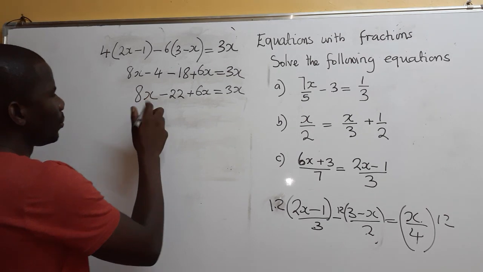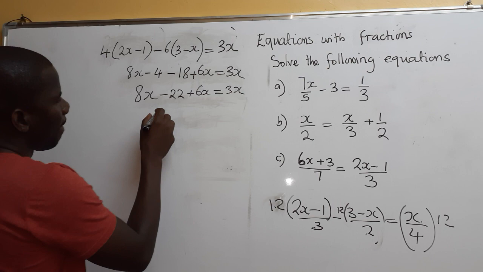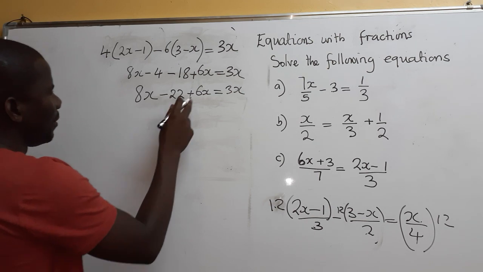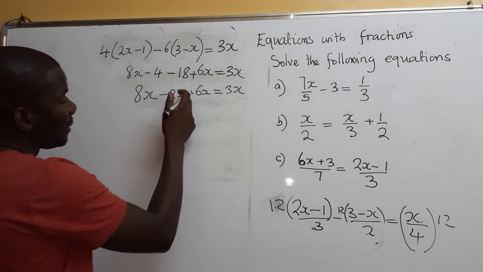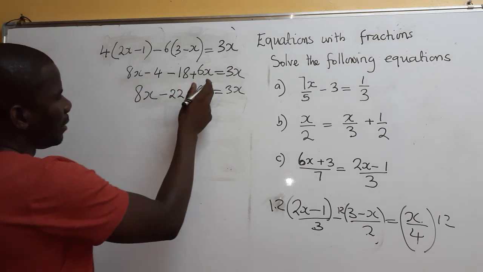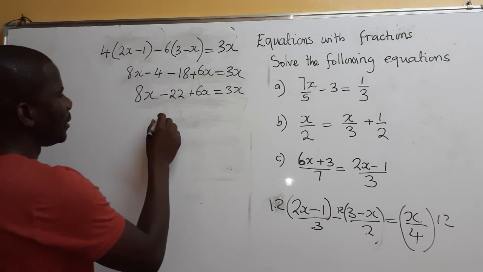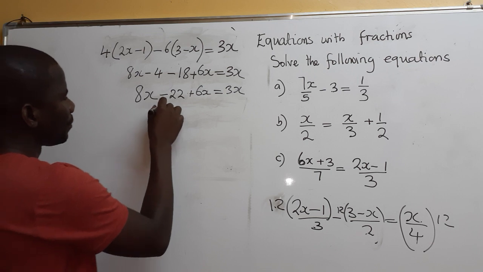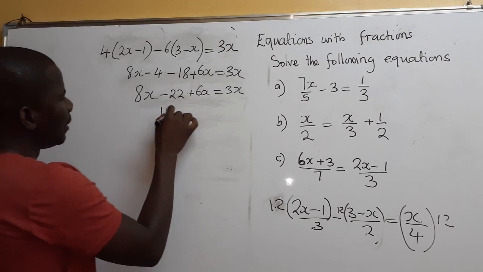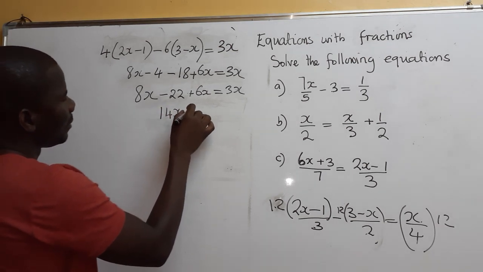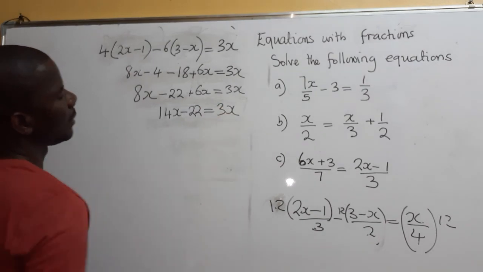So we can add also, if you want, we can say, okay, when you add this and this, 8x plus 6x, it's going to give us 14x minus 22 is equals to 3x.